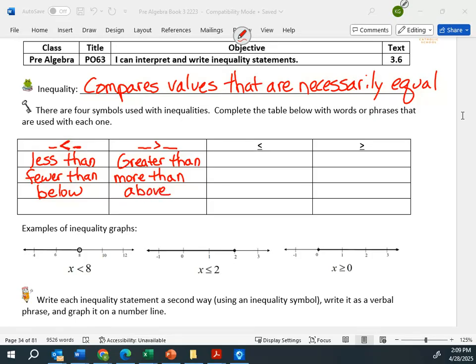Now when we come to this symbol, we have that less than symbol with the line under it, means less than or equal to. So it could be that number, or it could be a number smaller than it.